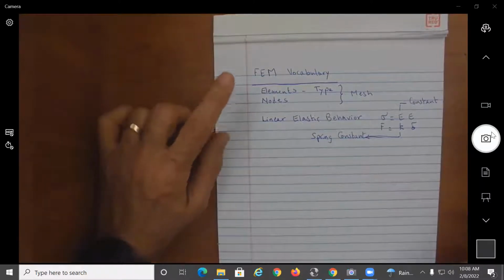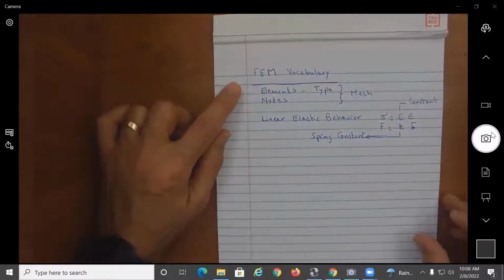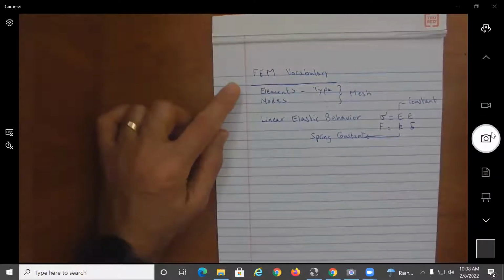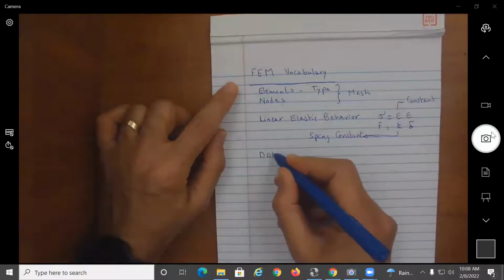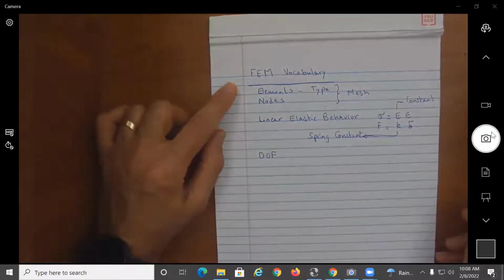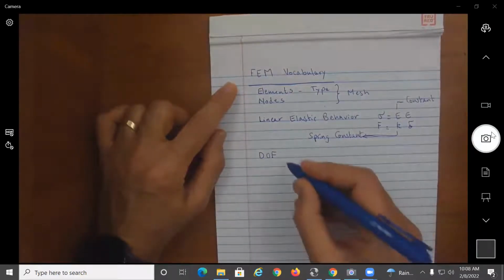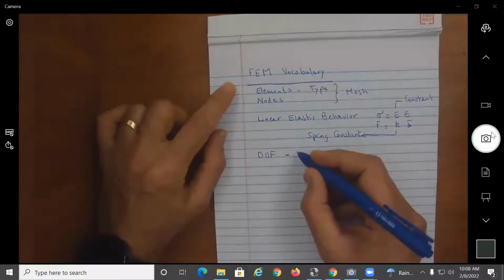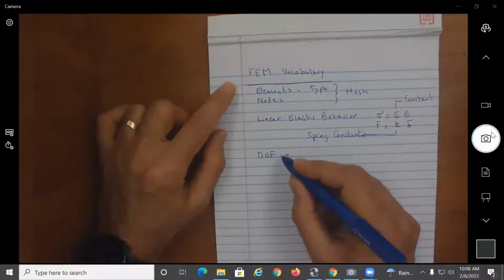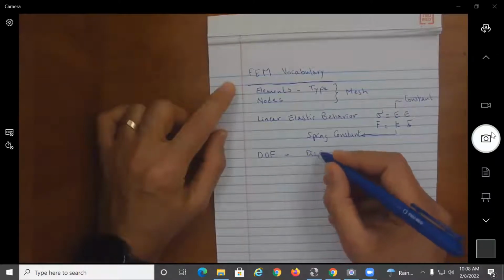When we define elements, depending on the element types, we can identify degrees of freedom. So the degrees of freedom would be the displacements.